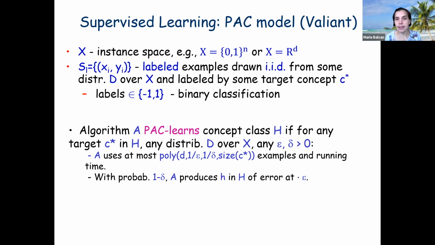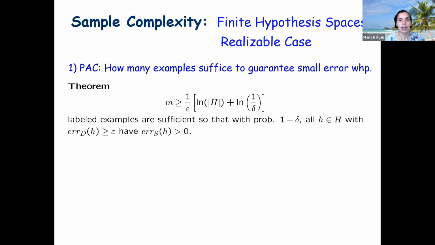Okay, and this hopefully answers a question from yesterday, because somebody asked me what the PAC model is. This is the precise definition of the PAC model, which is easily motivated once you see the form of the bound that we can prove in the simple realizable case. I want to make one more comment.